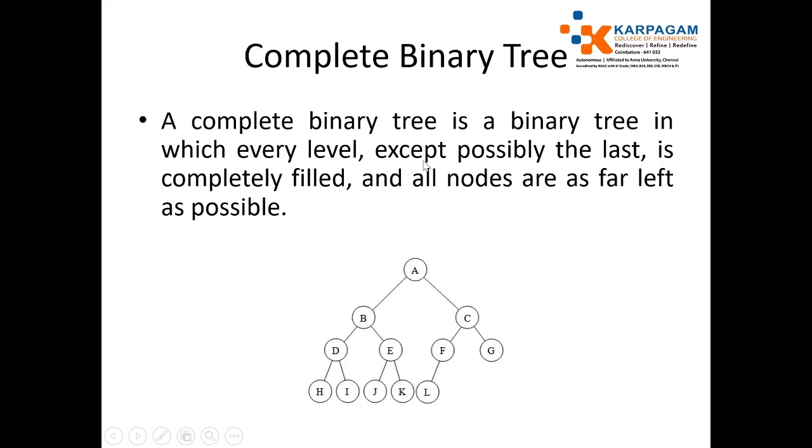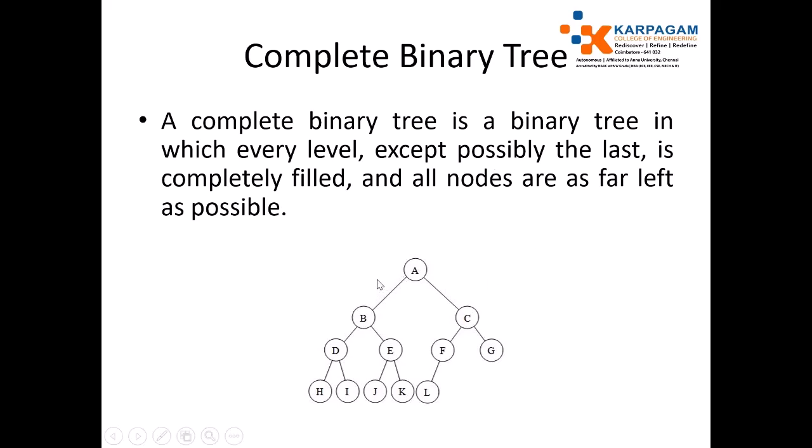There is another kind of tree, the complete binary tree, which is a binary tree in which every level, meaning this horizontal aspect, that is a level. This is level 0, this is level 1, this is level 2, this is level 3. In a complete binary tree, every level except possibly the last is completely filled.